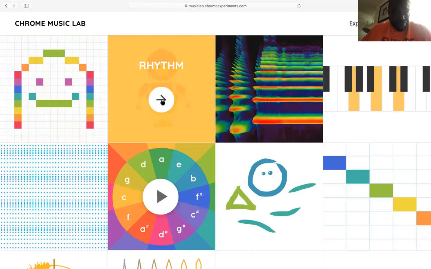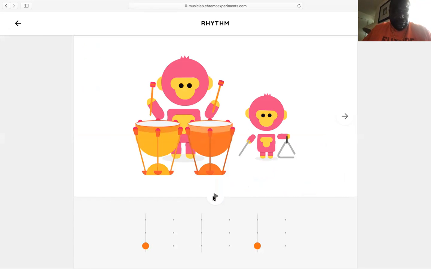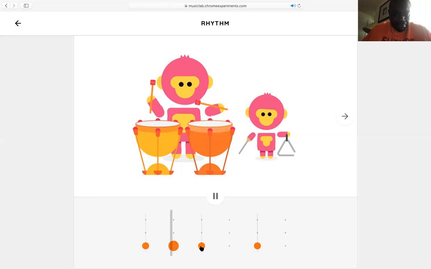Or we have a rhythm. If you want to do a drum beat, right here, you can add. Take that one out.